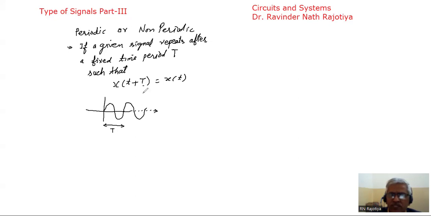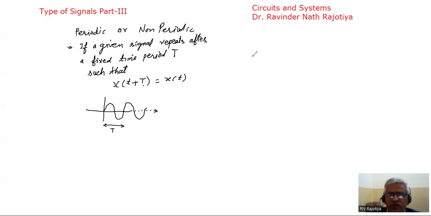So here this T is a positive non-zero value. Whereas if the signal does not satisfy this condition, then we will say the signal is non-periodic.